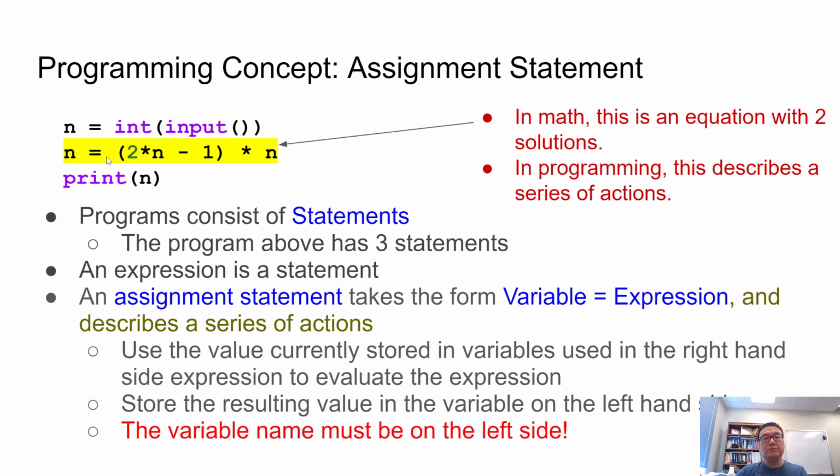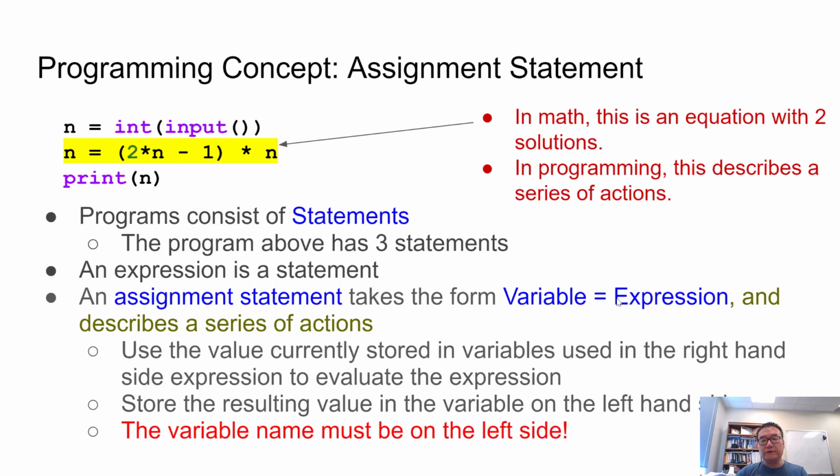So these describe a series of actions. It's kind of a recipe of actions. More specifically, when the computer sees this assignment statement, it will first evaluate the expression on the right-hand side.